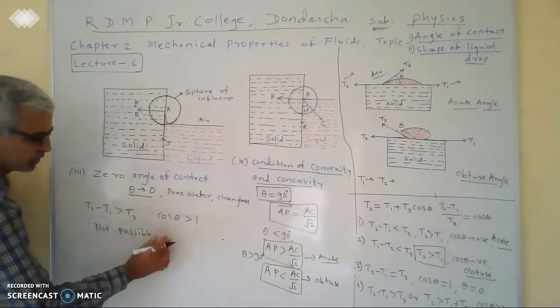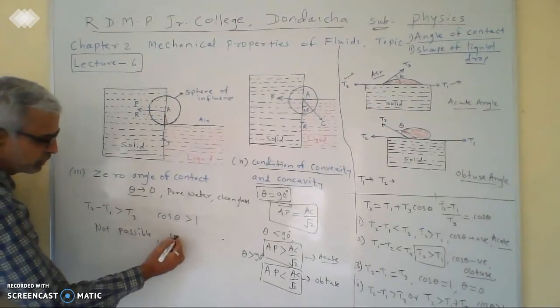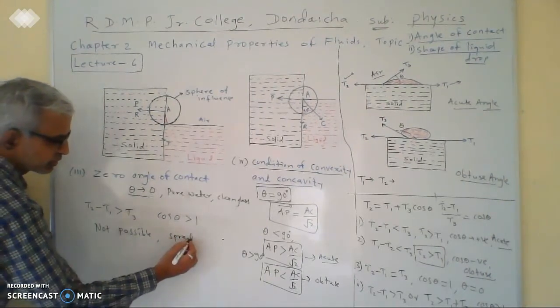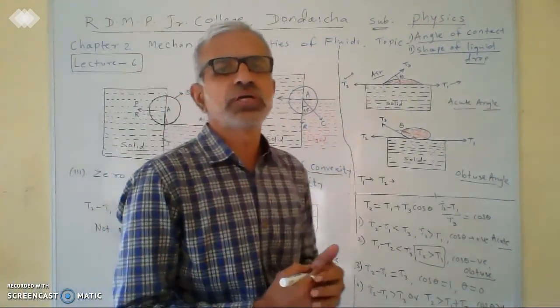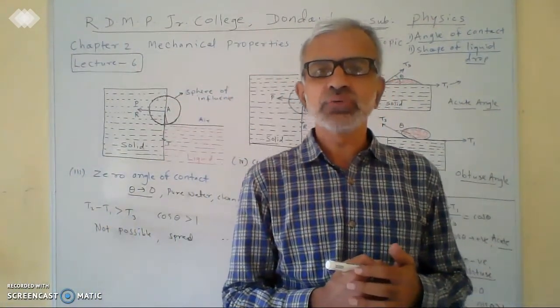Means the liquid surface will spread everywhere. The liquid surface will spread. So this is the explanation of the shape of the liquid drop.